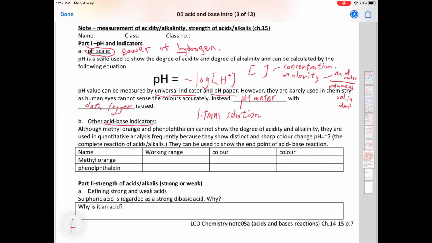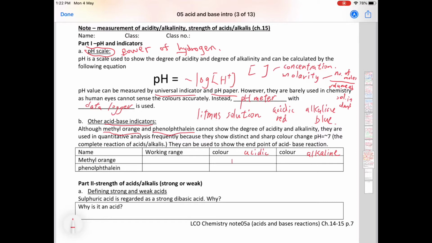In acidic medium it is red in color, and in alkaline medium it is blue in color. And then 2 more are methyl orange and phenolphthalein, which you learned in the lab, and their colors in acidic medium and alkaline medium are shown as follows.